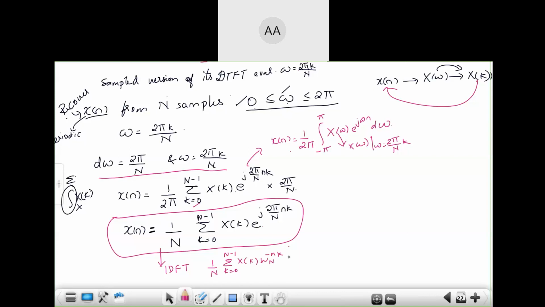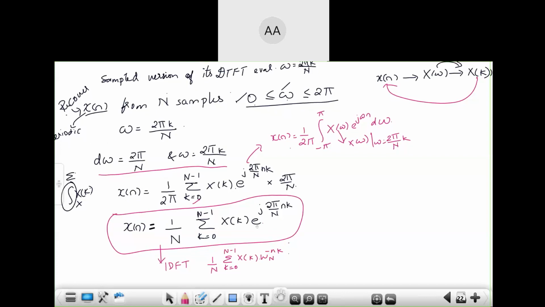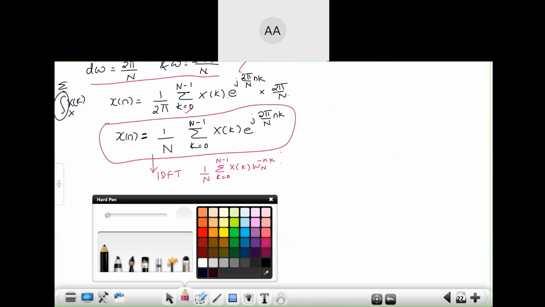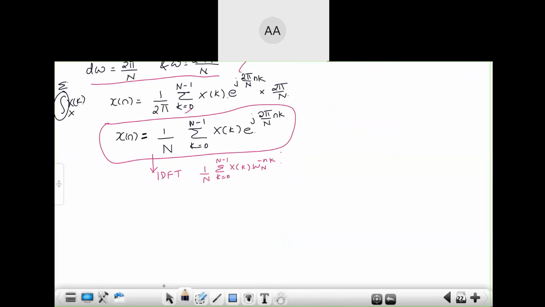So write down, this is inverse discrete Fourier transform. Periodicity of IDFT implies that x of n corresponds to one period of a periodic signal.